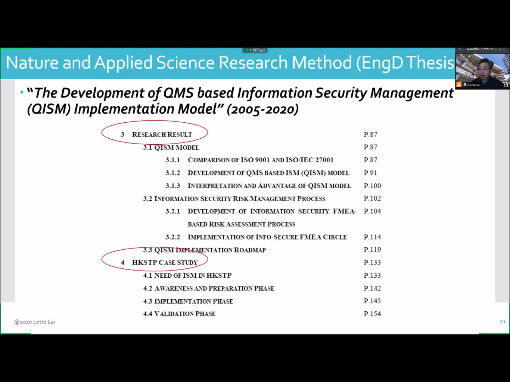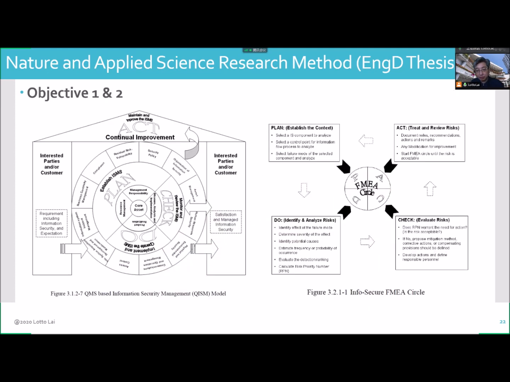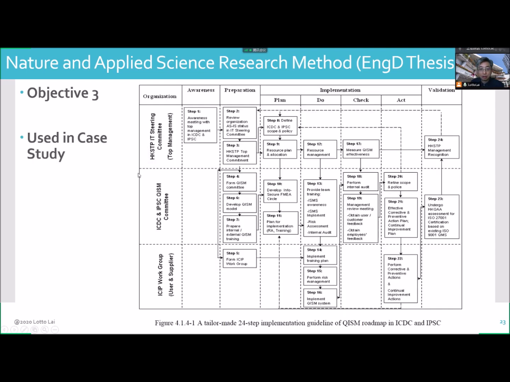In my doctorate thesis, the results describe the three models I used, and the case study shows the demonstration and validated results. Previously, I mentioned we have three models. First is the QMS-based information security management and the information security FMEA cycle. Then the implementation roadmap and guideline, used as the case study.